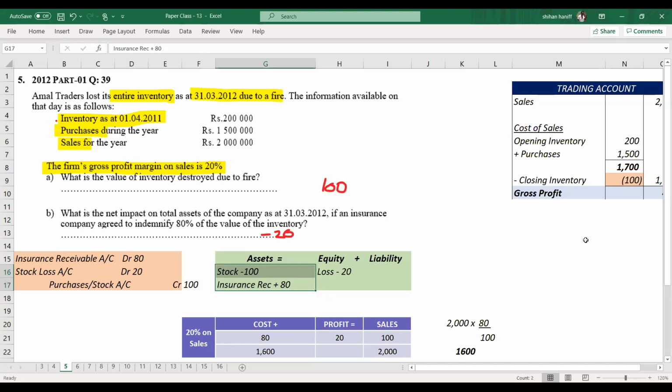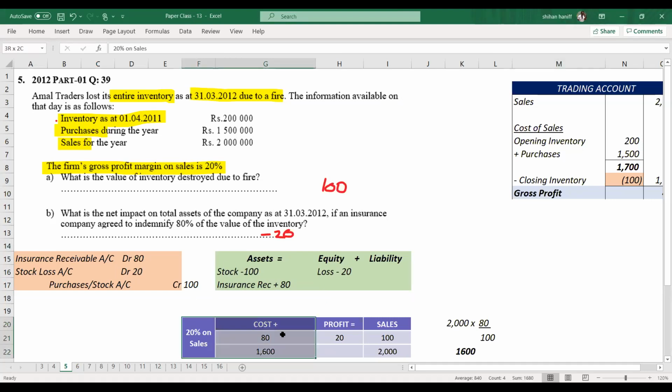So we'll move to question number 6. There's a doubt. What is the equation if the gross profit margin is on cost of sales? On cost of sales, we did now.